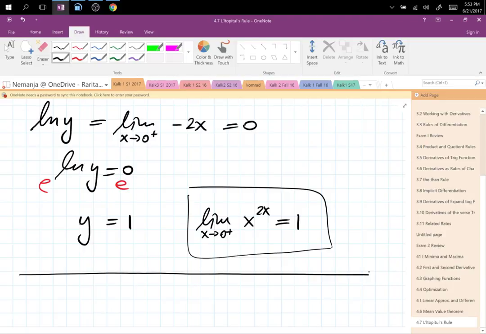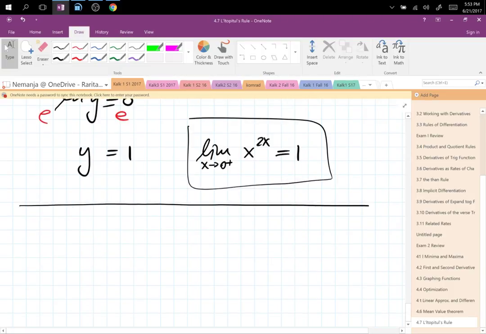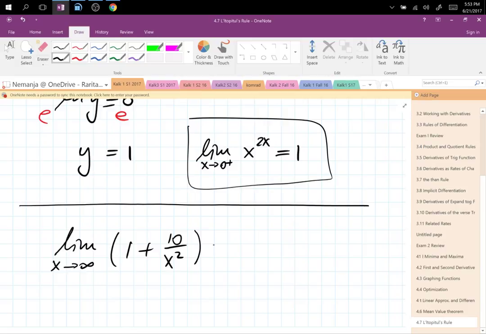All right, one more. This is problem 66. Limit, they use z's for x's because x looks like 2's and then you get confused. So limit as x goes to infinity of 1 plus 10 over x squared, raised to x squared.